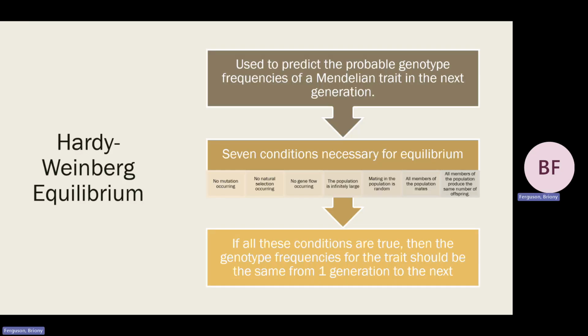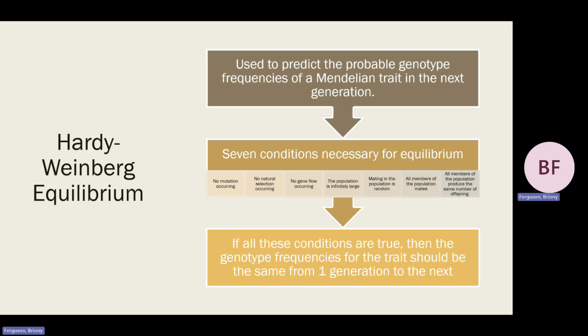Now, the Hardy-Weinberg equilibrium is used to predict the probable genotype frequencies of a Mendelian trait in the next generation. But there are a lot of conditions for something to be in equilibrium, and it never actually occurs in real life. So the conditions are that there is no mutation occurring, there is no natural selection occurring, there is also no gene flow occurring.